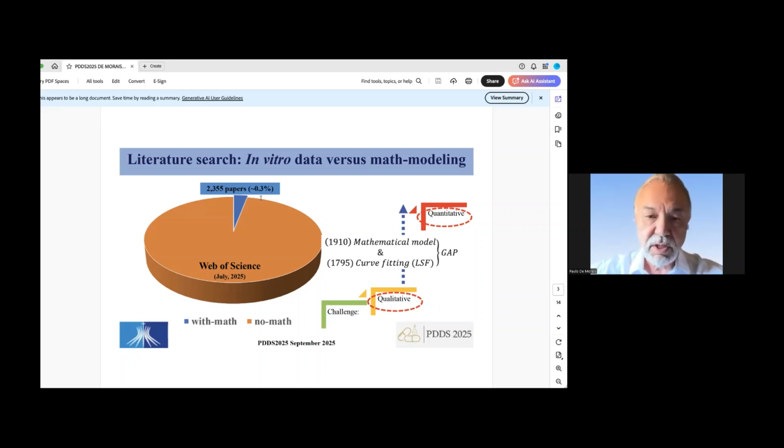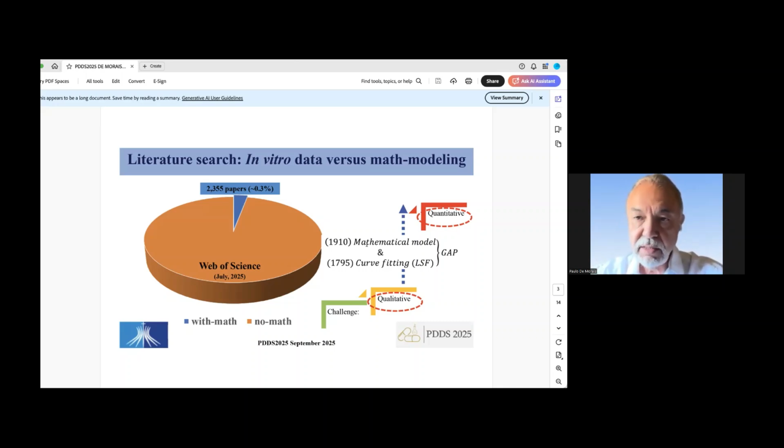And so it seems there is a big challenge to move from a qualitative analysis to a quantitative analysis. And actually, to bridge this gap in terms of in vitro data and analysis of this data, you need two important points.